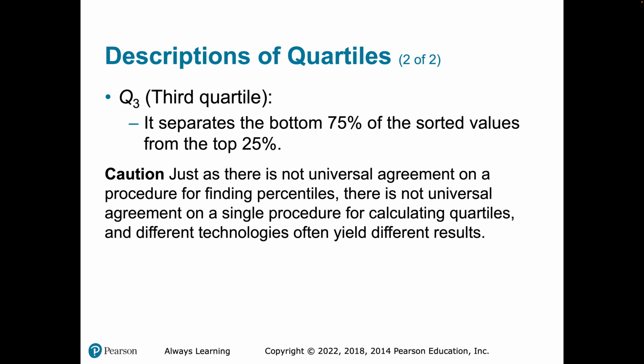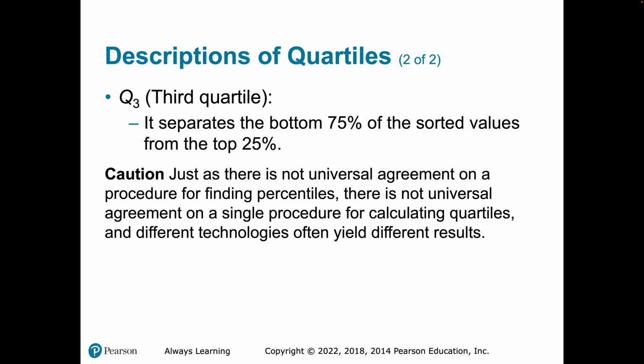Now, a caution I've added in here: depending on the statistical software package, the values for Q2 will always agree, but the values for Q1 and Q3 may not agree. And we'll get into something called percentiles once we get into normal distributions.